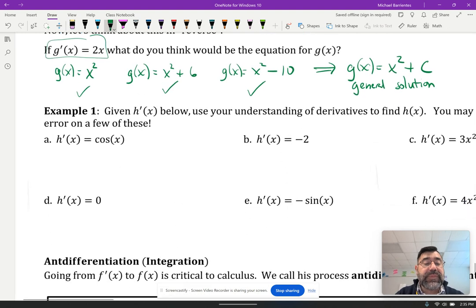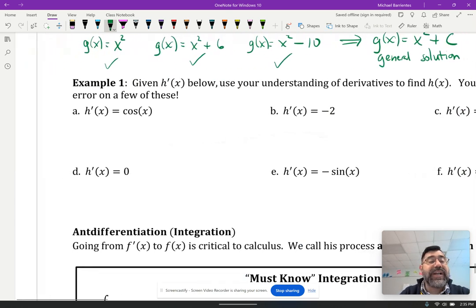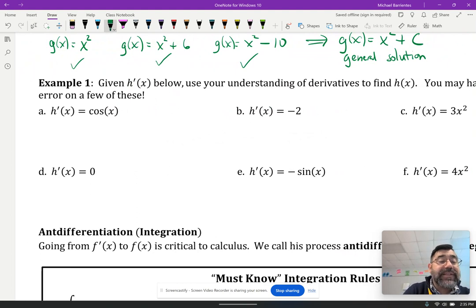So knowing that, given h prime, can we find h of x? It says you may have to use trial and error on a few of these. Okay, well, let's try this. Can you go backwards and find the function whose derivative is cosine of x? So the derivative of blank is cosine of x. What is that blank? If you said sine of x, you're correct.